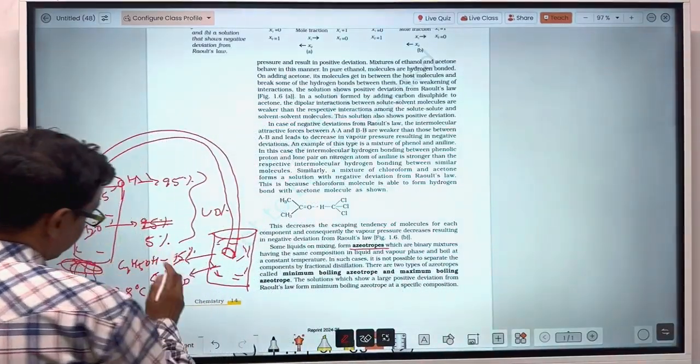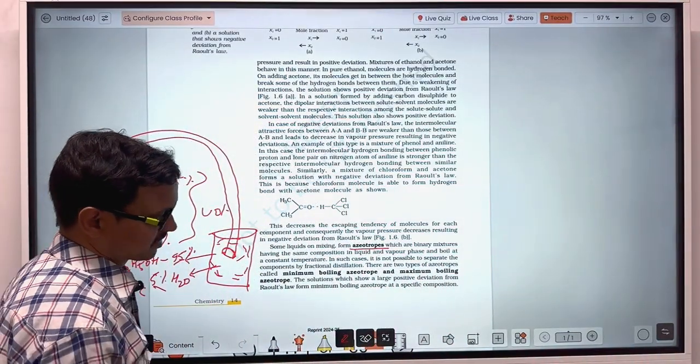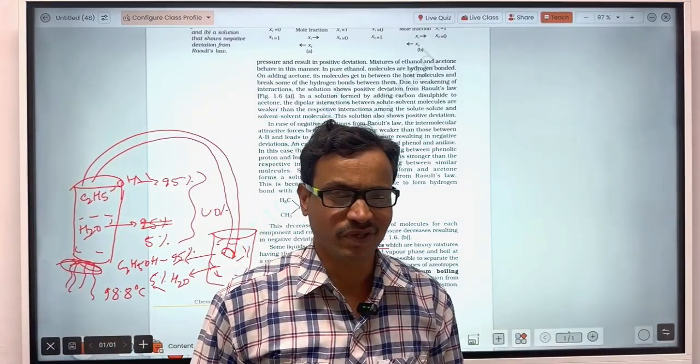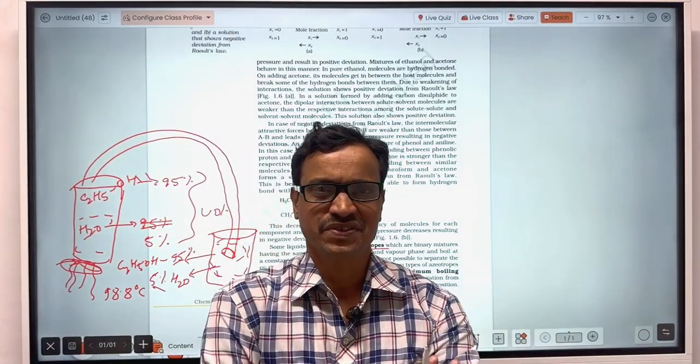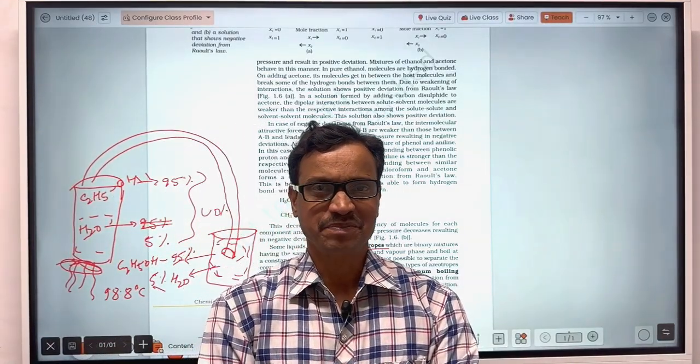So this cannot be separated through fractional distillation. So for a one-mark question, write about azeotropes or azeotropic mixture.